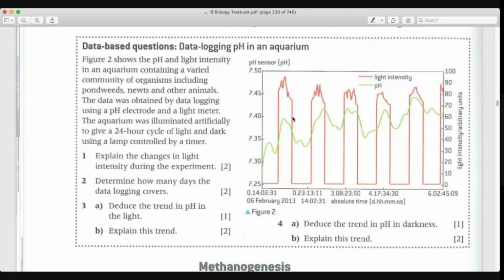If you want to get one, then you can put it in there. Or you can just buy some pH paper, and every few hours you can test the pH with pH paper. And you can regulate your light intensity. You don't need newts or other animals or anything like that. You just need a lot of aquatic plants. And you regulate and you see if you can carry out this experiment.